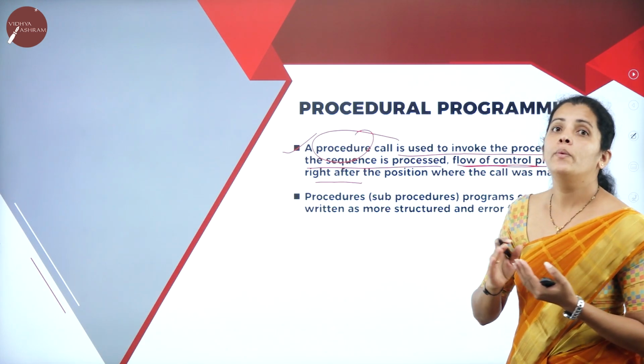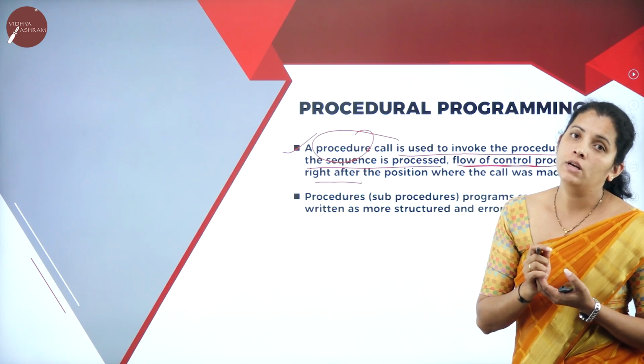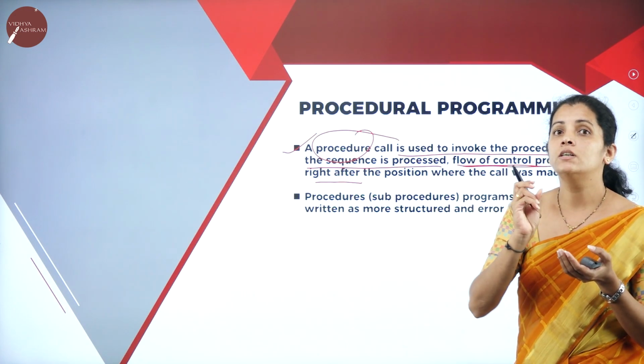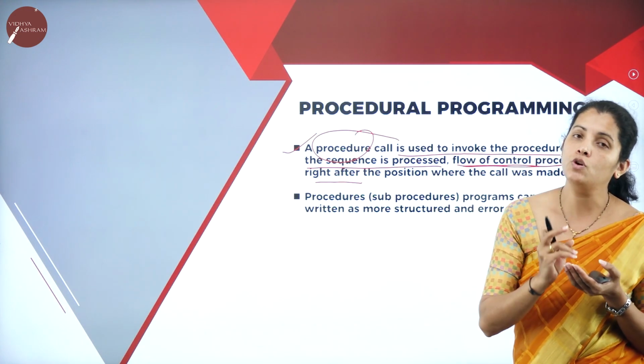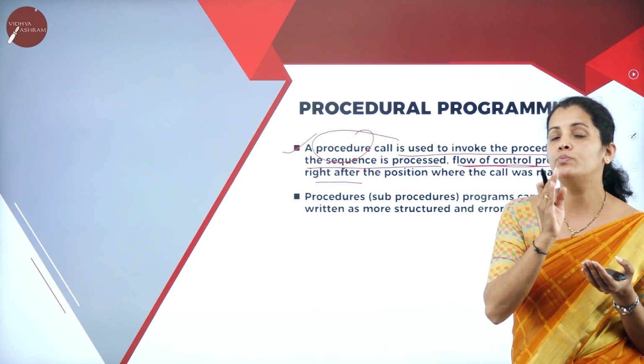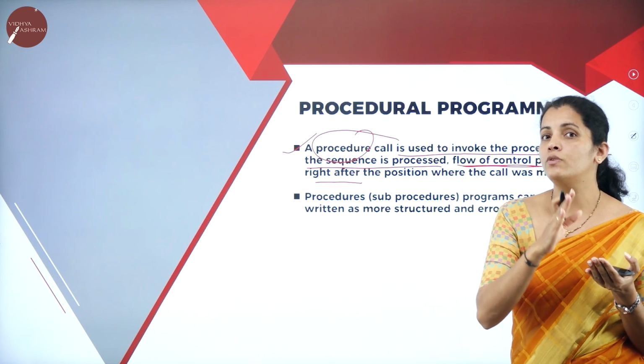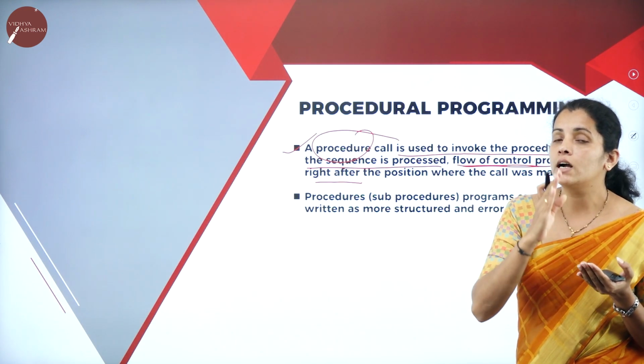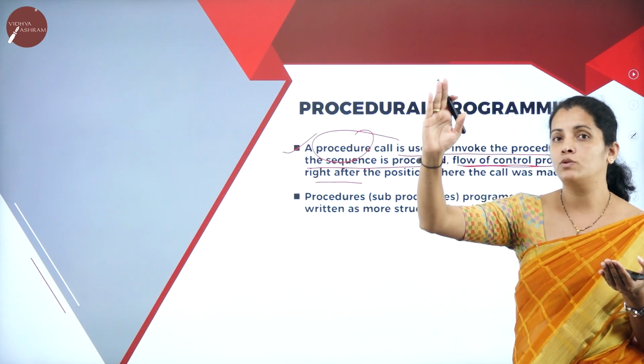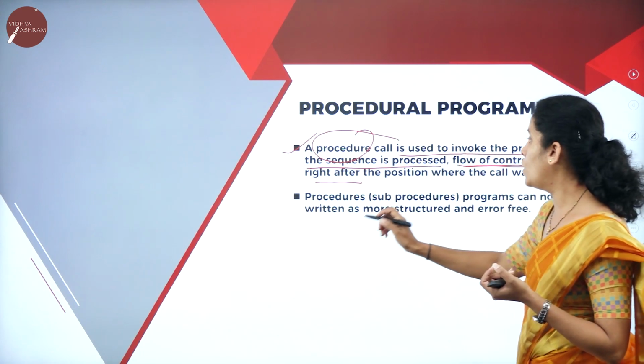That means when the procedure call is encountered, the control is transferred to the procedure and it performs all its functions. Once the function is over, the control is transferred back to the procedure call.